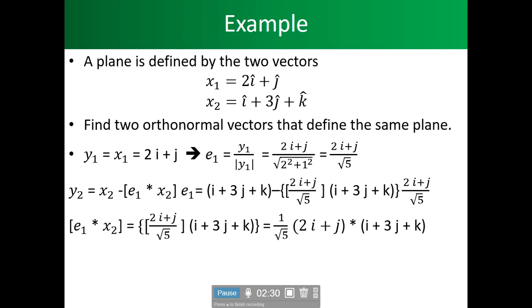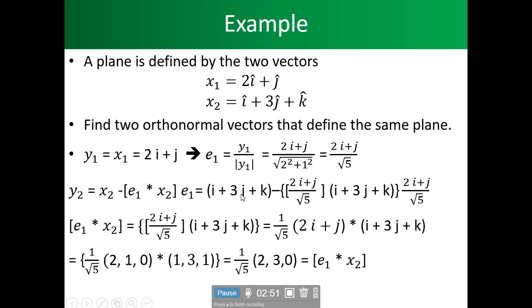I just wanted to make it very simple. We want to get E1 times x2. So we have 2i plus j divided by the square root of 5 times i plus 3j plus k. That quantity we bring down as 1/5, separating it out. Then we put it in point notation, just comma separated, dropping the i, j, plus and minus signs.